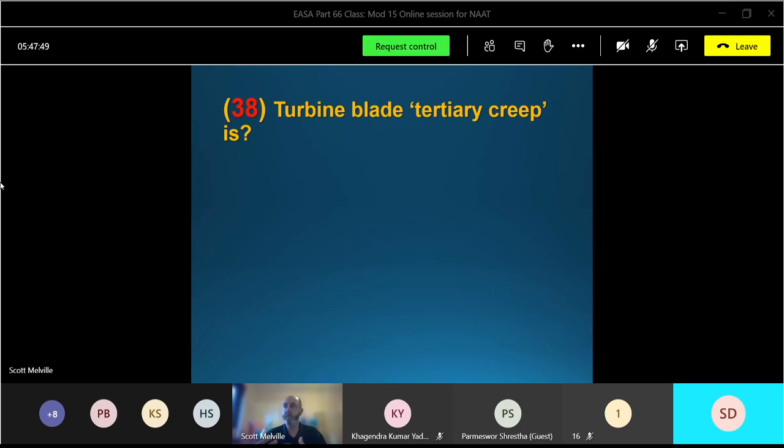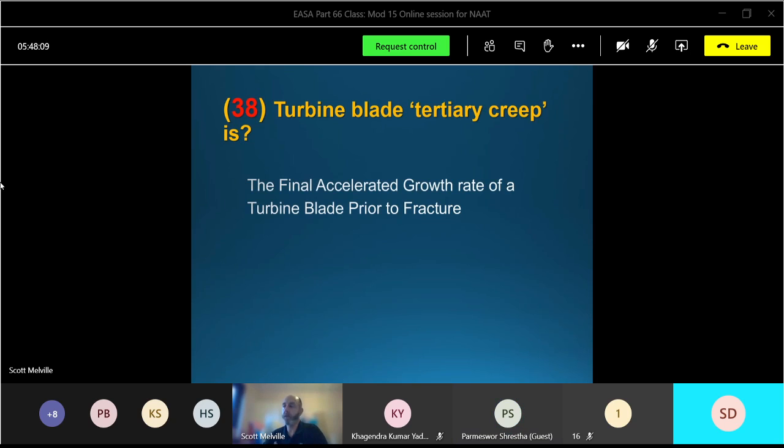Then the secondary phase is the normal working life of the blade. And then tertiary is where the manufacturer determined that it's going to shear. If it's done so many flying hours, there's a good chance it's going to shear at that point, so we don't tend to use it. The turbine will be taken out. So, the final accelerated growth rate of a turbine blade prior to fracture.